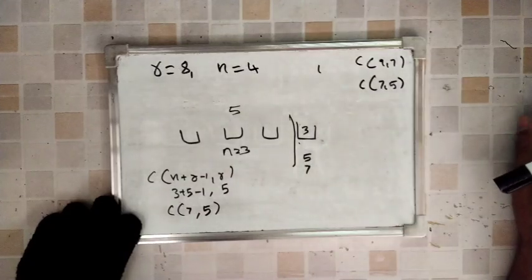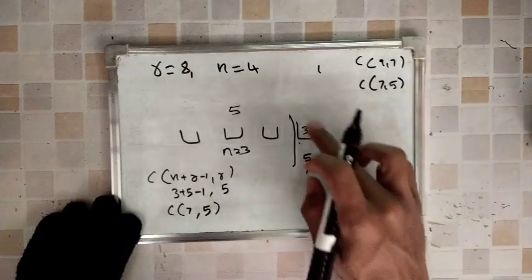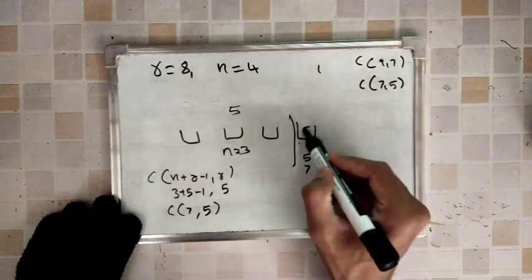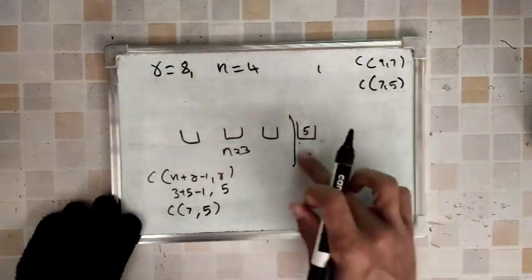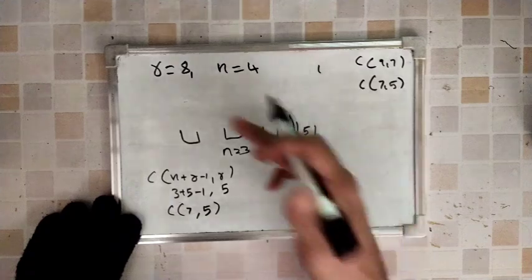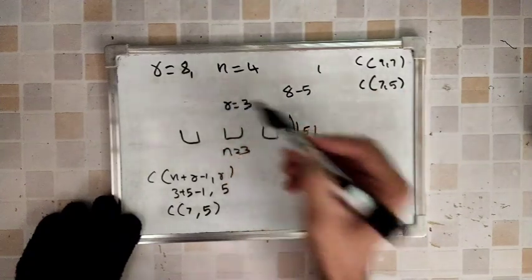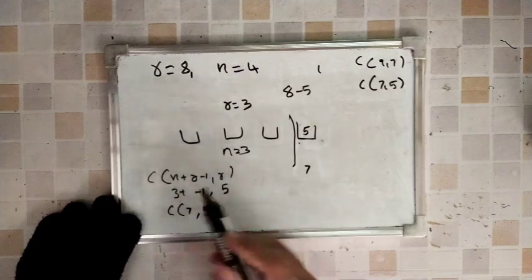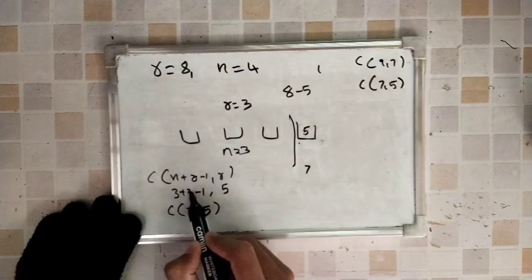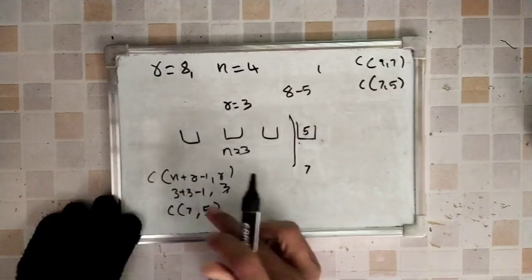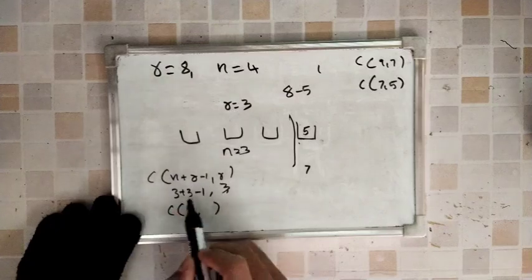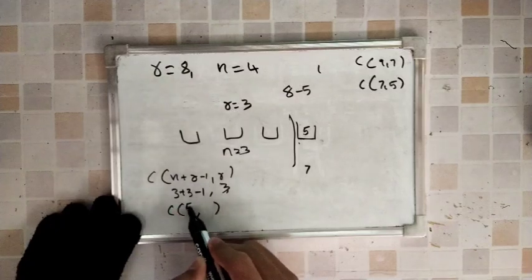Okay, you understood how I got 7 comma 5. Then I insert 5 marbles into this container. No changes can be done now. If I insert 5 marbles, then r will be 8 minus 5, that is, now r equals 3. So now 3 plus 3 minus 1 comma 3, 3 plus 2 is 5 comma 3.